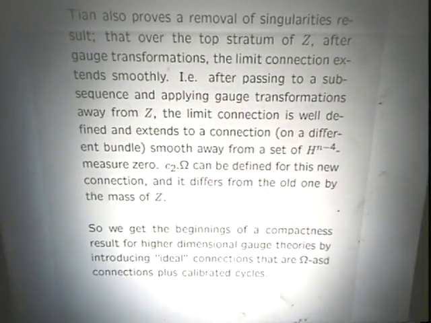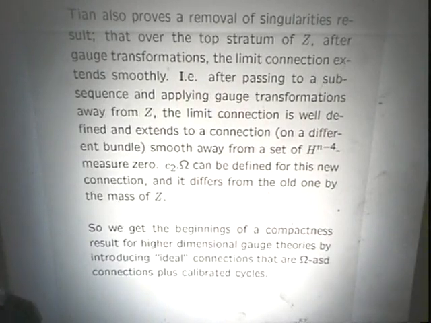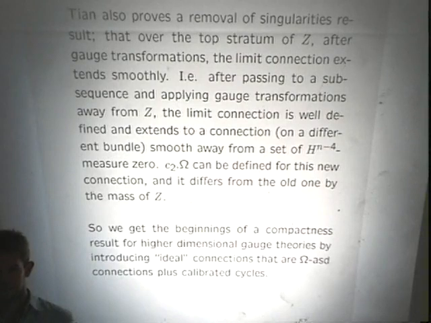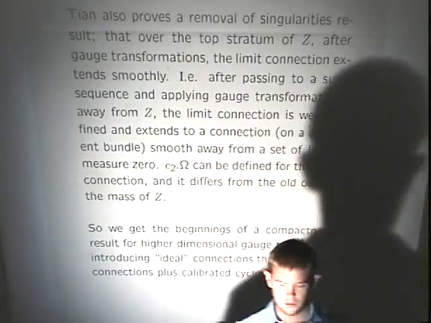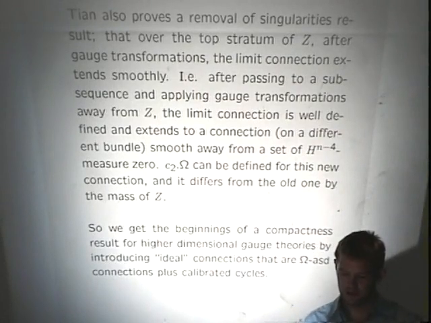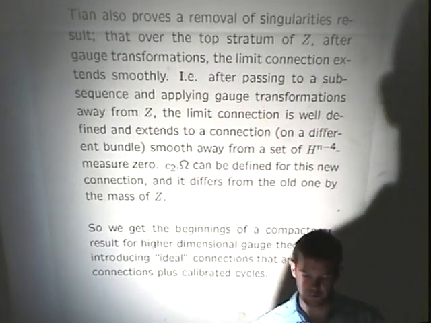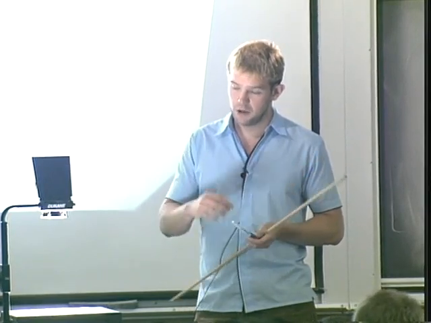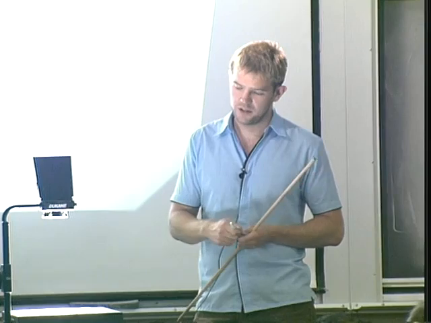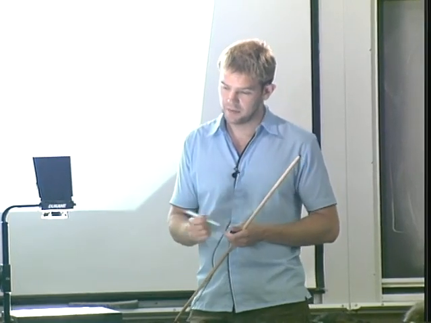So what you'd like to do is think of your sequence of connections as converging to something with a bubble along this calibrated cycle, which you then remove and get one of these omega anti-self dual connections away from that bubble, extending over Z. So you'd like the limit of a bunch of omega anti-self dual instantons to be another omega anti-self dual instanton on a bundle with lower second Chern class, plus some Dirac delta concentrated along this calibrated submanifold.